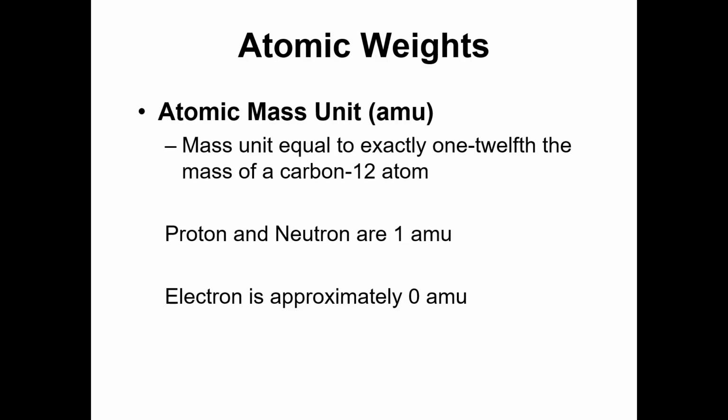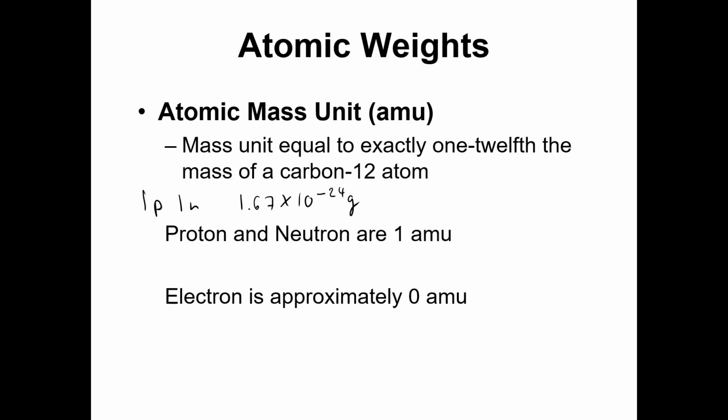Okay, so we already have discussed atomic mass units. The mass of one proton or one neutron is 1.67 times 10 to the negative 24 grams, which is of course 1.67 divided by 1 with 24 zeros.